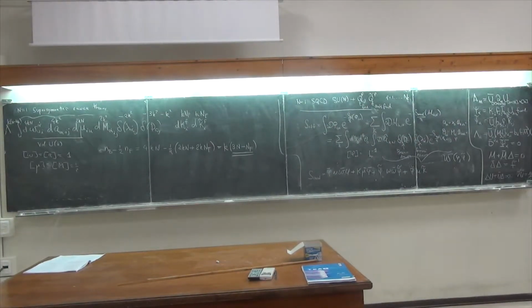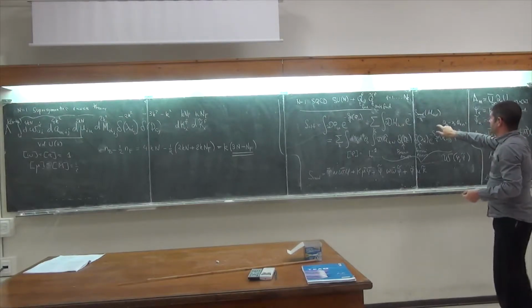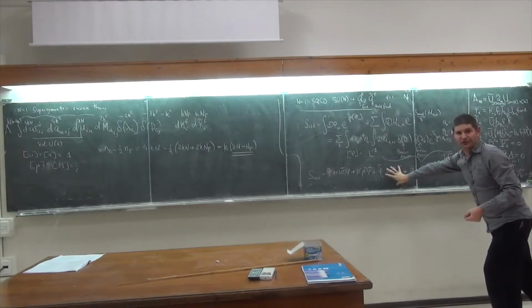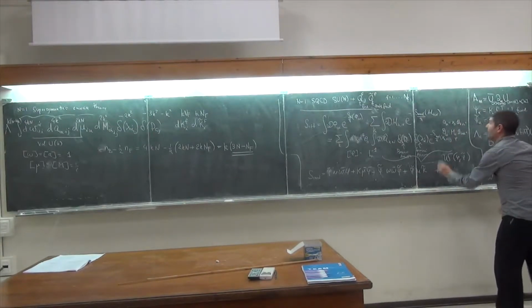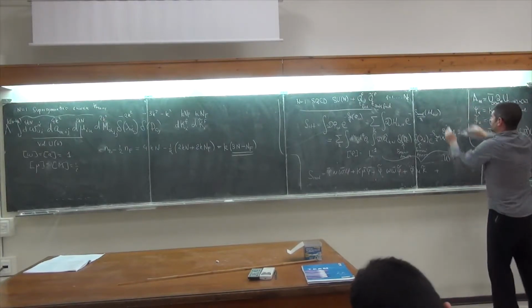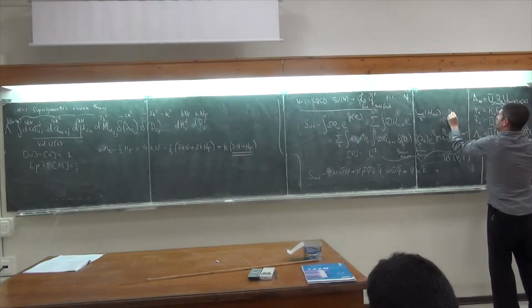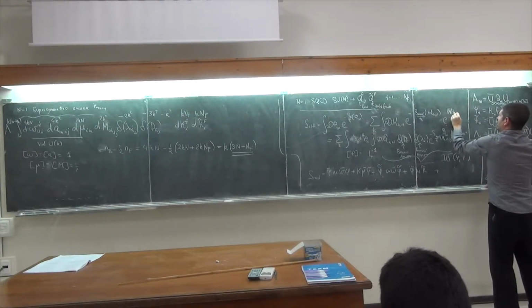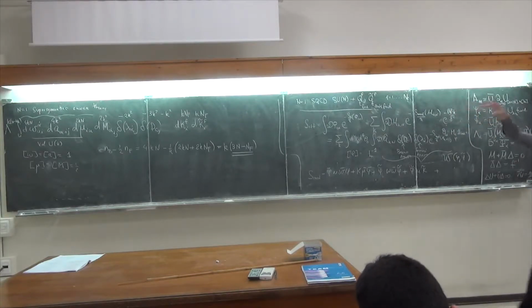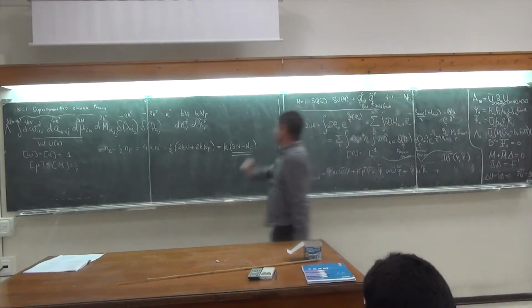Sorry, another thing I forgot here is that this was the action, but this action will always contain, on top of this, a factor e to the 2 pi i, e to the minus 8 pi squared k over g squared. Remember? This factor is always there. This is just the contribution of the term F squared.